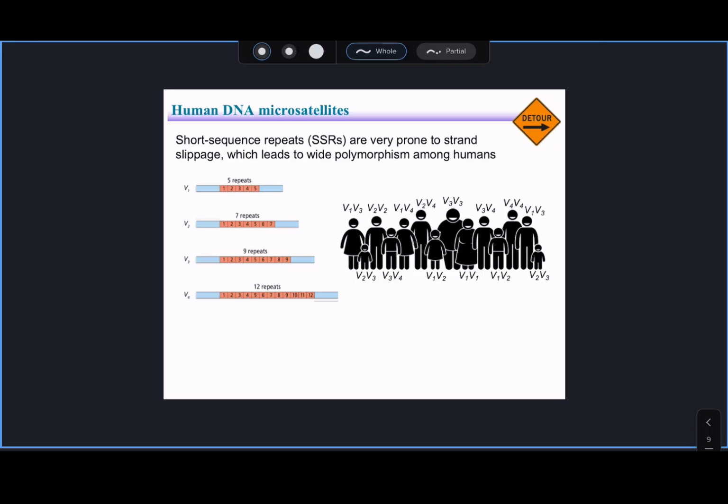And this cartoon here shows how some individuals will have one combination of variants, 1 and 3, others will be homozygous for 2, some other person may have 1 and 4, and so forth. These variants are floating around in the human population, and as humans mate and have progeny, they will shuffle these variants around and pass them on to the progeny.